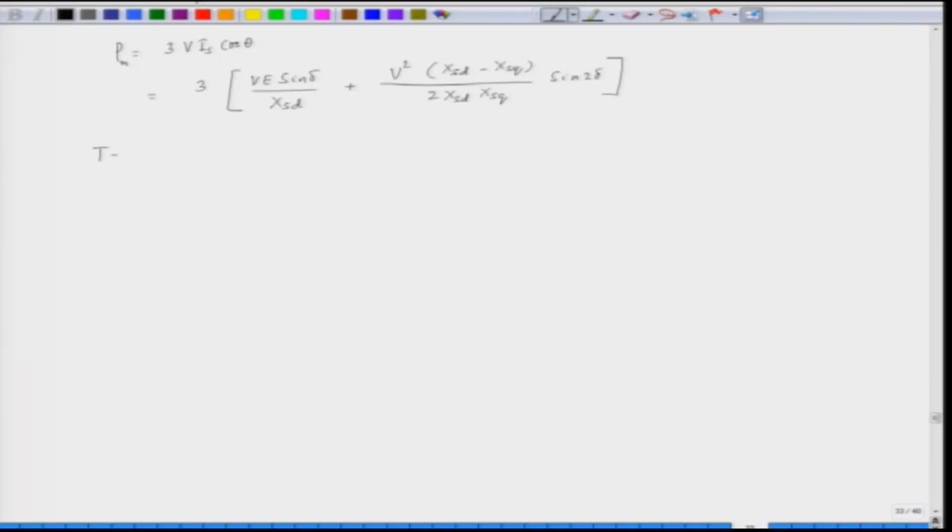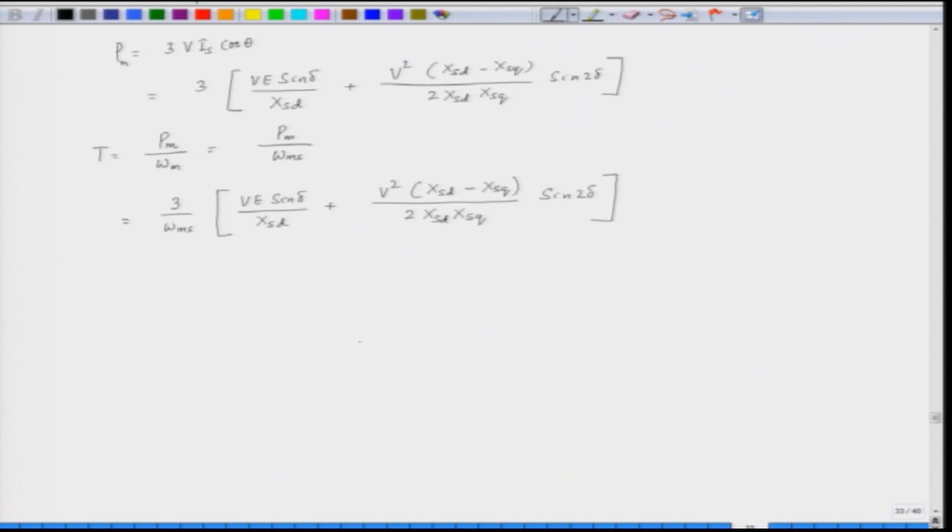So, torque is power by the speed, that is Pm by omega ms. That is equal to 3 by omega ms into V E sin delta by Xsd plus V square into Xsd minus Xsq divided by 2 Xsd Xsq into sin of 2 delta.